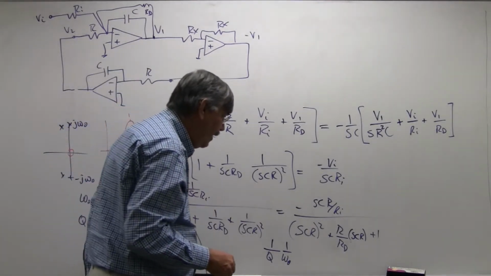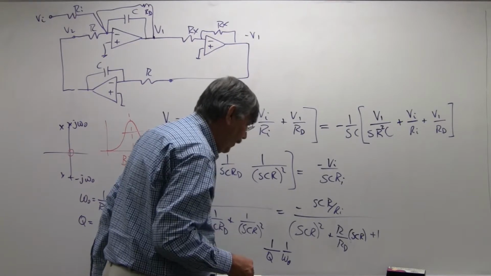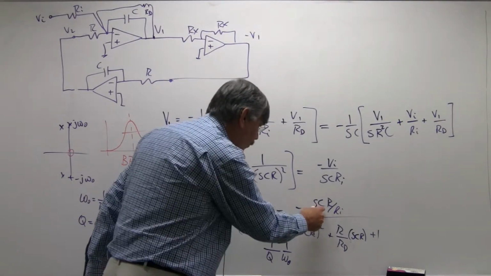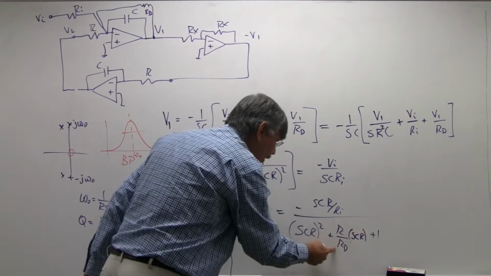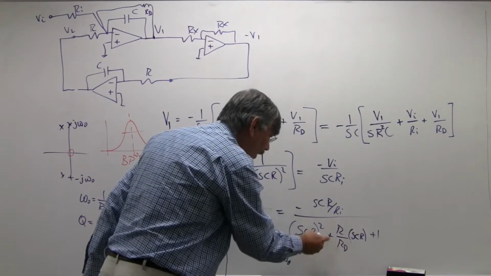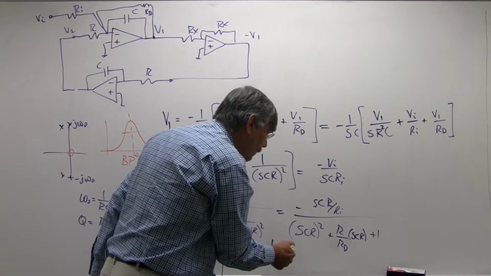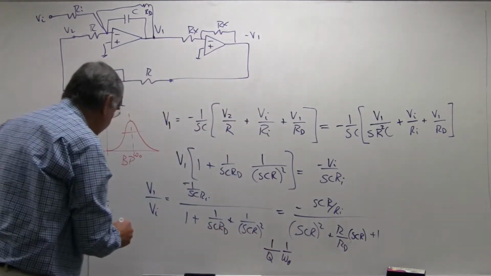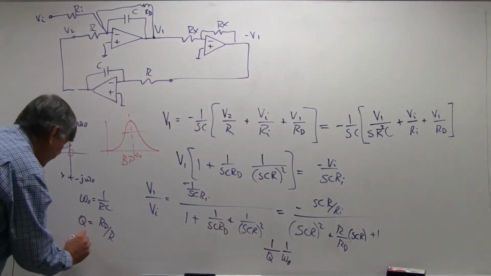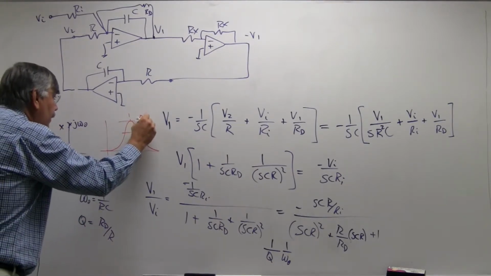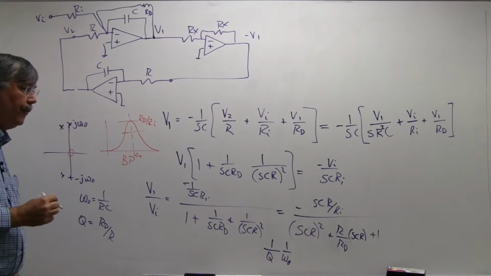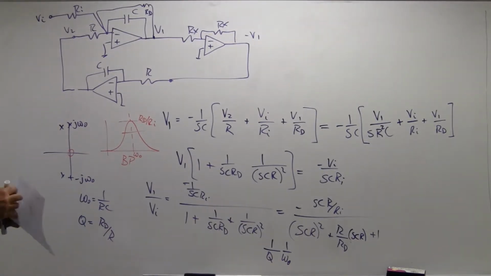And basically, when S equals 1 over RC, these two terms will cancel, and the gain of this thing will be RD over R sub I. So this gain would be RD over R sub I. So we have everything we need to set all the parameters of a bandpass filter here.